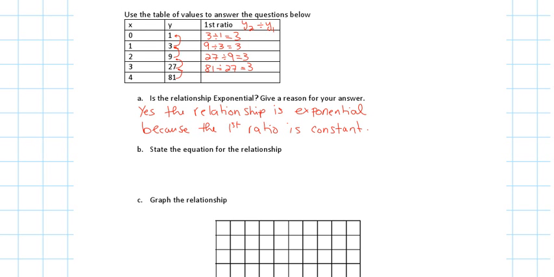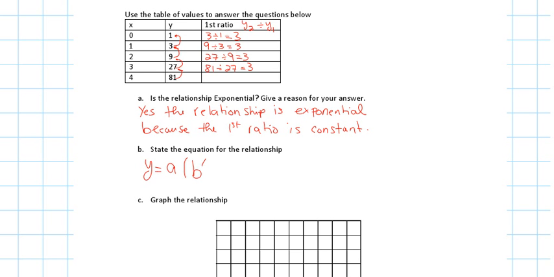Now, the question is asking me for the equation of the relationship. Okay? So, since it's exponential, what would be my general equation? Y equals A, B to the power of x. Good.